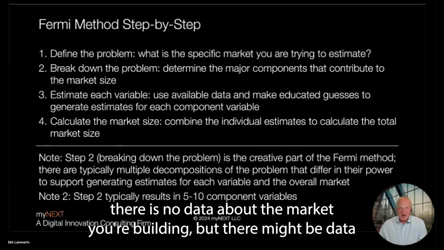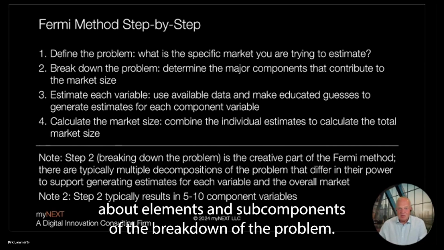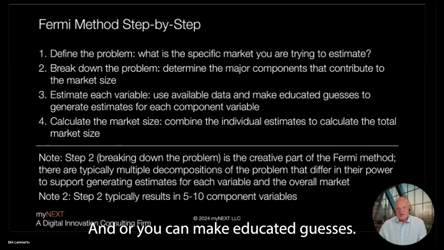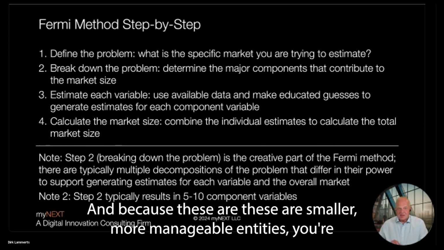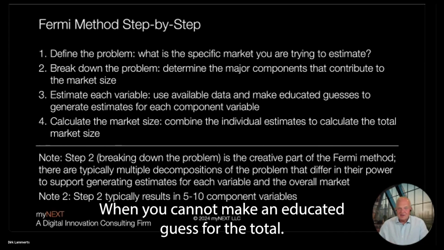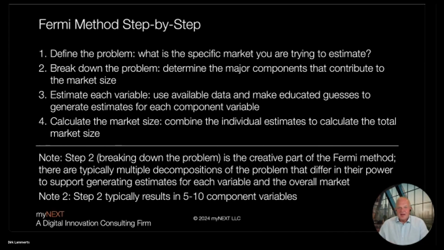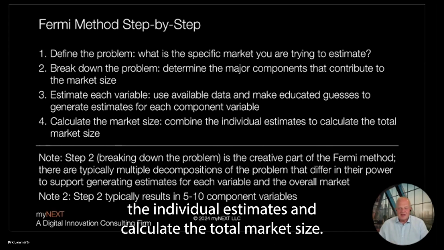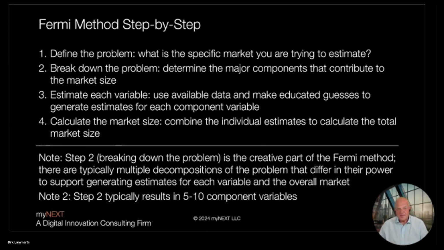There's no data about the market you're building, but there might be data about elements and subcomponents of the breakdown of the problem. And or you can make educated guesses. Because these are smaller, more manageable entities, you're usually able to make an educated guess for the components when you cannot make an educated guess for the total. And the fourth one is very mechanical. You just combine the individual estimates and calculate the total market size.